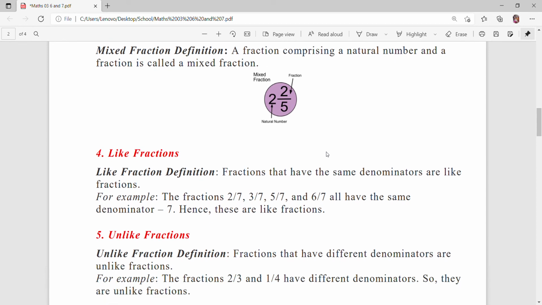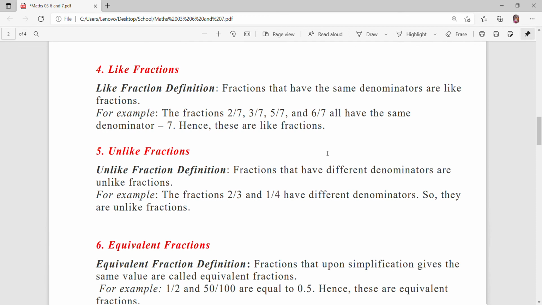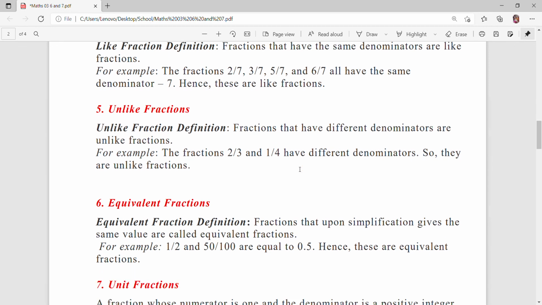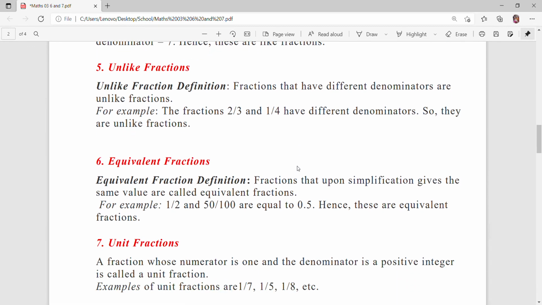Next, like fractions: every denominator should be the same number. That is known as a like fraction. An unlike fraction is the vice versa of a like fraction. The denominators should not be equal. Different denominators are known as unlike fractions. Equivalent fractions: if we divide any two fractions and get one equal result, that is known as equivalent fractions.